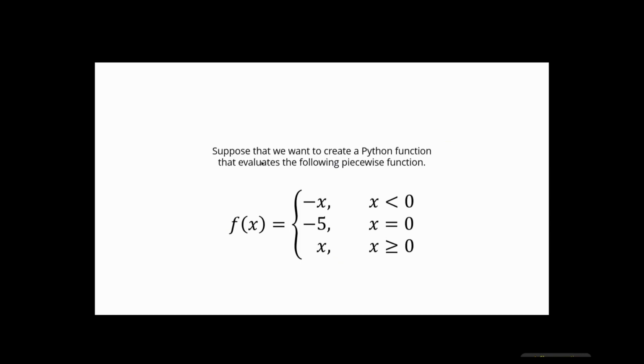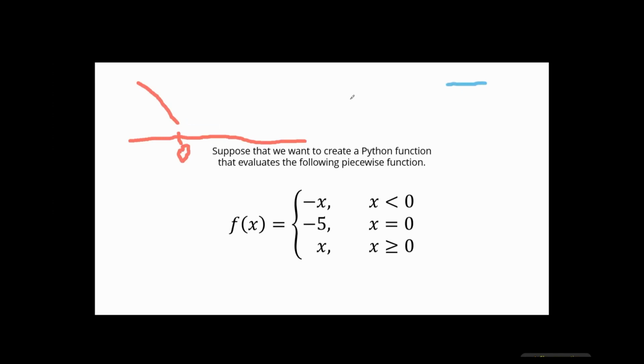For example, here, suppose that we want to create a Python function that evaluates the following piecewise function. This is a piecewise function, yeah? The reason we call this a piecewise function is because, let's say I draw the x-axis, and then I have minus x when x is less than or equal to 0, and then it will stagnate at -5.